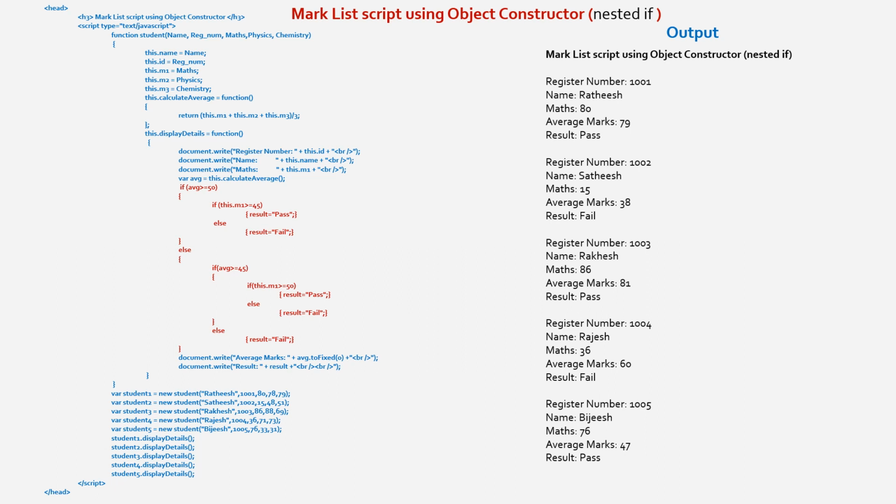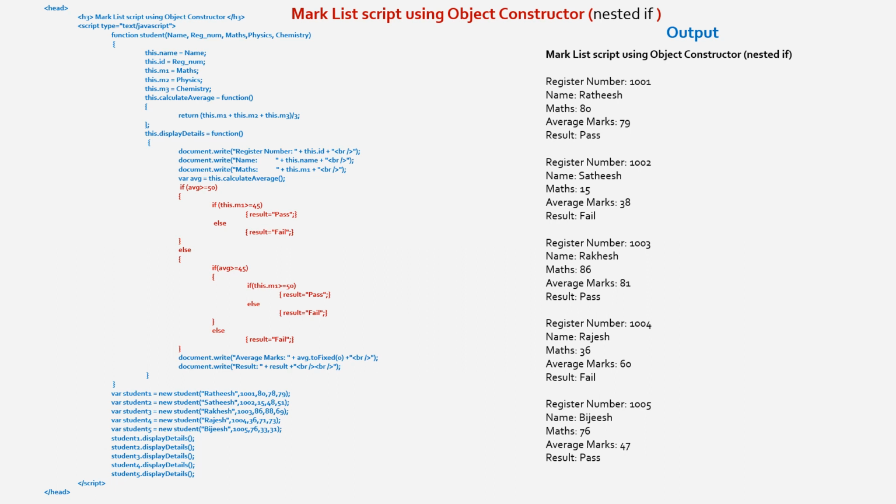Then one more condition we are putting: the mathematics marks should be greater than 45. So the two conditions are average marks greater than 50 and mathematics marks greater than 45. Then the result is pass.